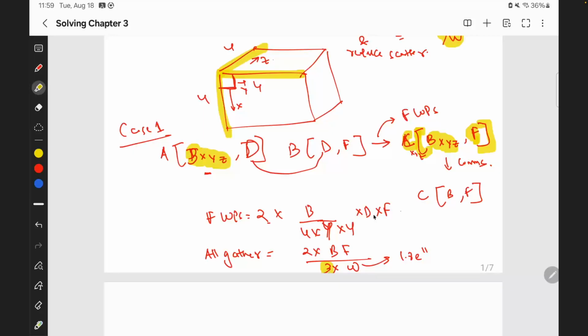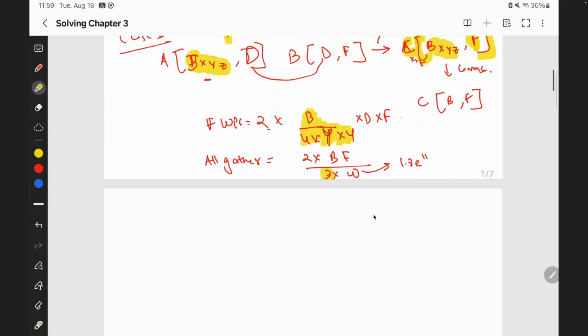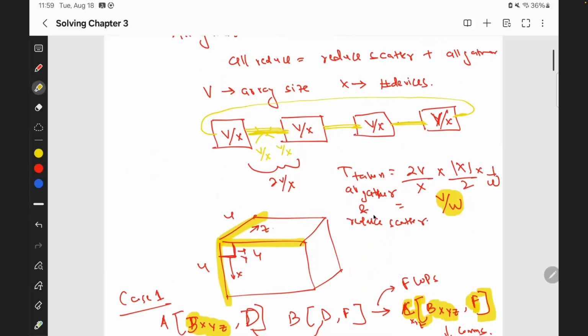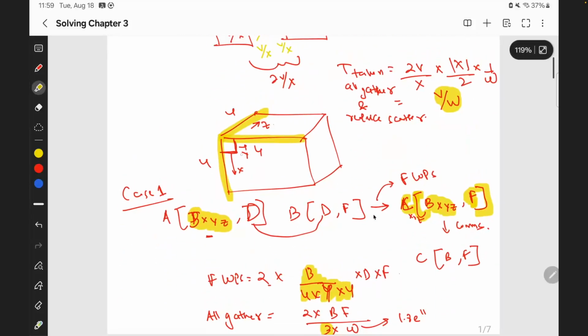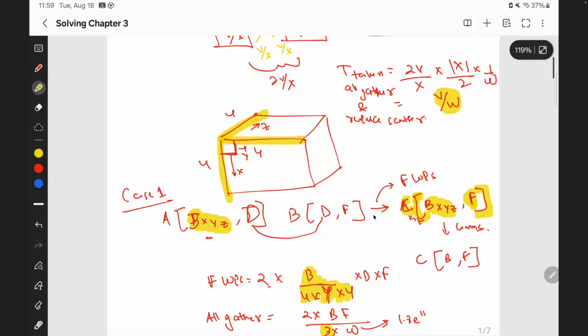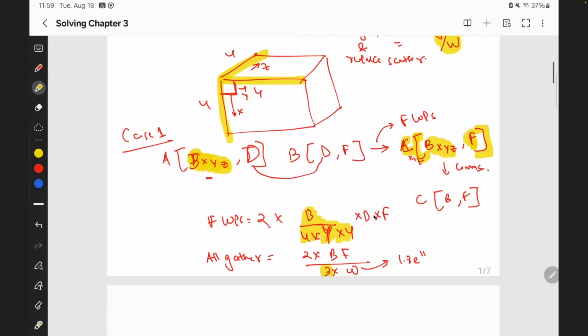All these 3 things happen in parallel, and then you have a bidirectional bandwidth of 1.8 into 10 to the power 11 that we saw now. So this is your all gather operation, and this is the total number of flops. And as you have sharded your B, you have B by 4 into 4 into 4. So this is the first case, where the first axis is sharded.